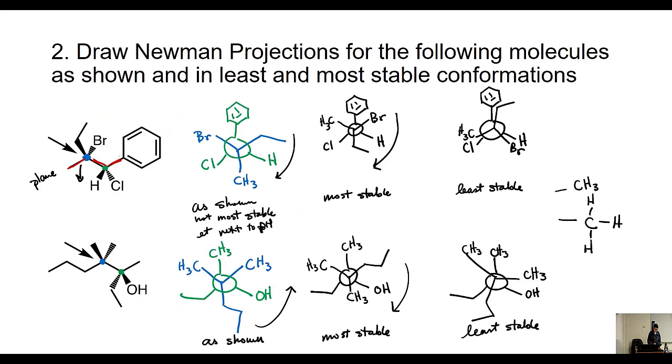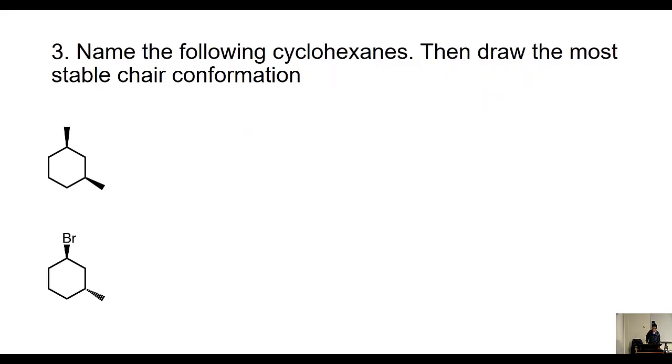Okay, so everyone clear on how this works, why things are the way they are? Okay, perfect. Now we're going to move on to cyclohexanes. These are called cyclohexanes, but they are the notorious chairs. So I'm going to show y'all my pro tip on how to draw chairs, because I too am very lazy.